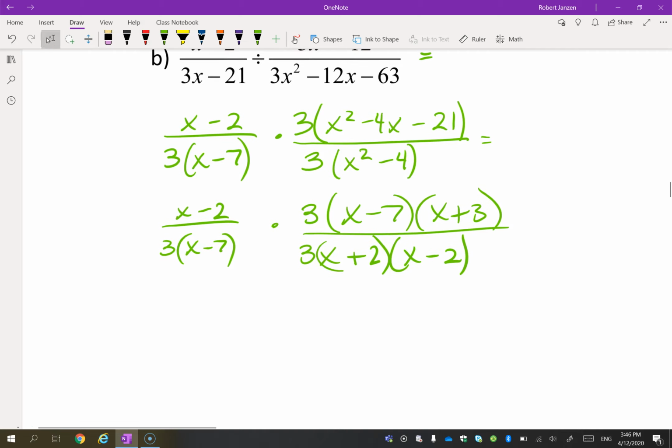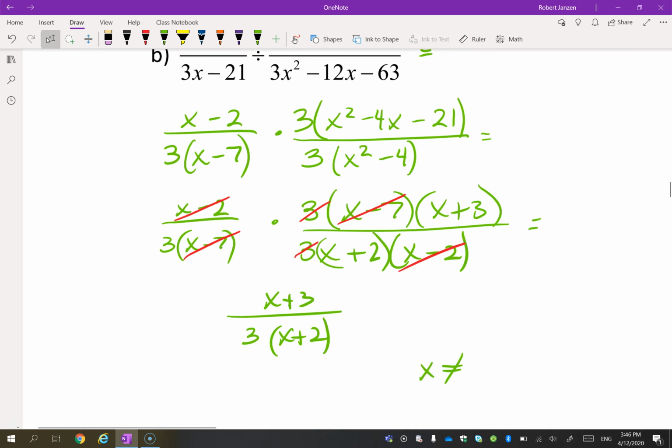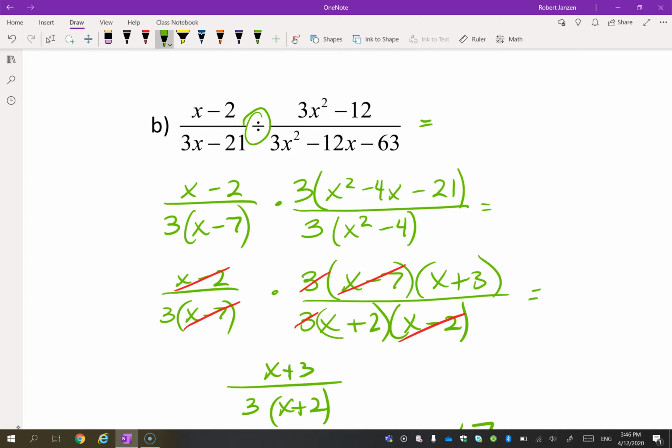Any common factors? X minus 2, x minus 7, 3. So on the top, what's left? X plus 3. On the bottom, what's left? 3 times x plus 2. Alright. Non-permissible values, x cannot be. Let's look here first. X cannot be 7. And then remember that this was a division question.